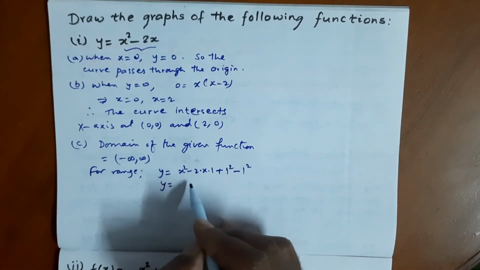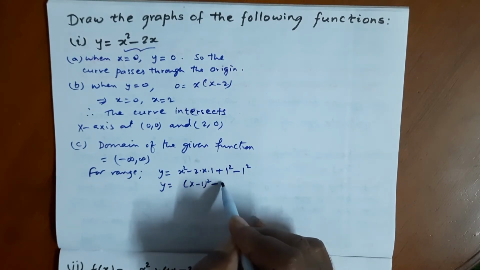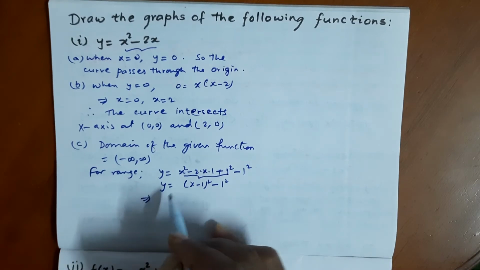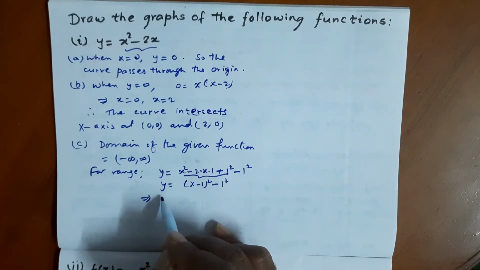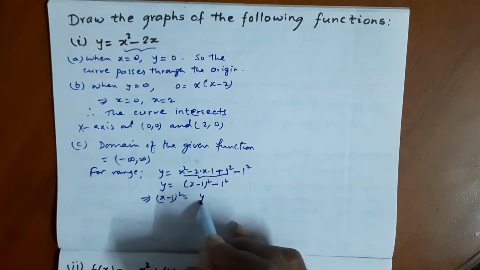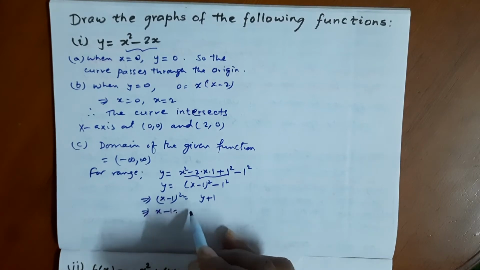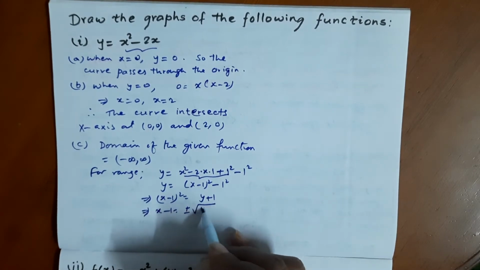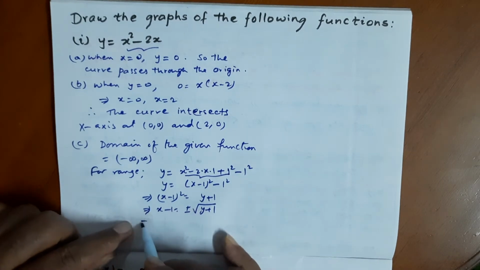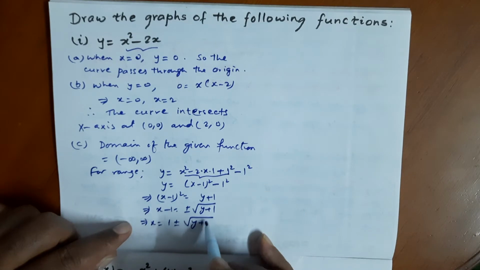So y equals x minus 1 whole square minus 1 square. From this, x minus 1 whole square will be y plus 1, and this implies x minus 1 equals plus or minus root over y plus 1, so x equals 1 plus or minus root over y plus 1.